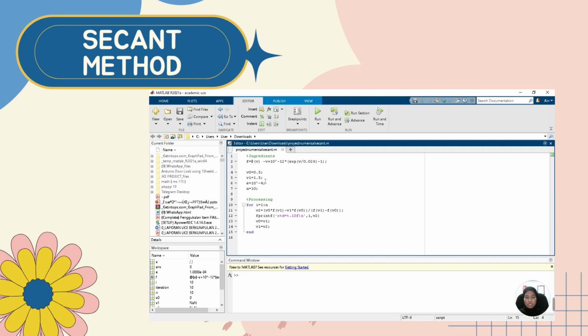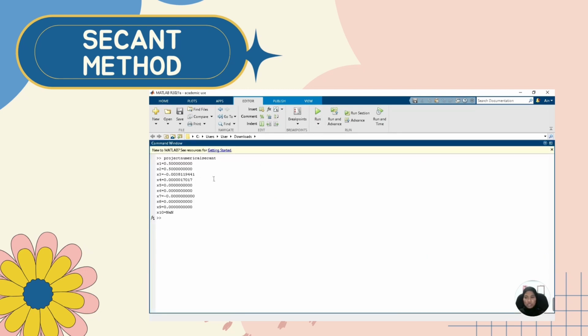The second initial guess is 1.5. The tolerance is 10 to the negative 4, meanwhile the iteration is 10. This is the processing for the second method. After we click run, we will get the result for the coding.